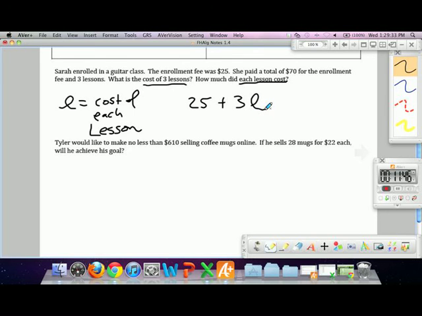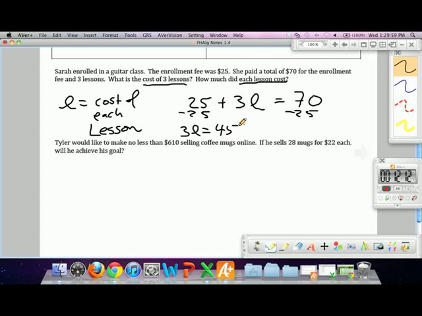Okay. So then, if I want to get L by itself, what's the first thing we should do? Subtract 25 from both sides. That means 3L is 70 minus 25, which is exactly 45. Oh, look at that. What's the cost of 3 lessons? 3L is equal to 45.